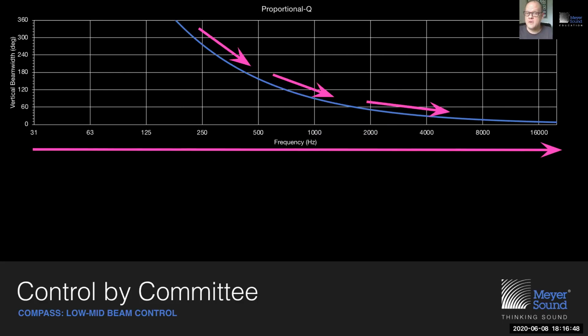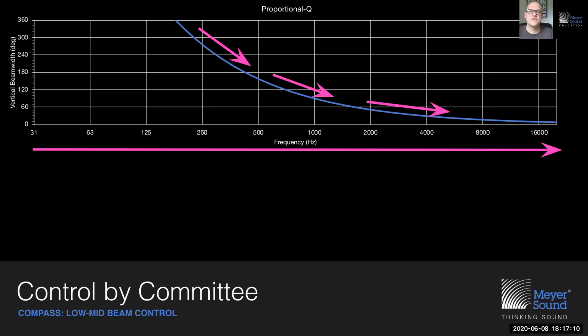And for those of you that are familiar with Q, as in directivity factor, then you know that as loudspeakers become narrower, the Q value rises. So a very narrow loudspeaker is high Q, whereas an omnidirectional loudspeaker is low Q. So that's why this is called proportional Q, because Q rises in proportion to frequency.